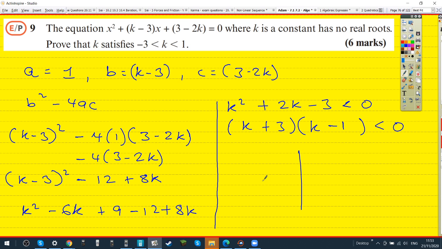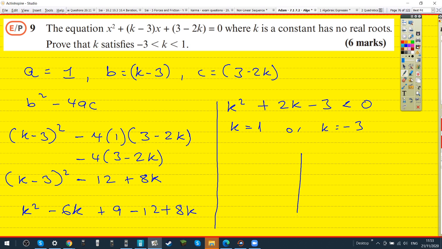How would you sketch the graph? Or no, sorry. We would just solve it, but you solve it as equals. So if you put that in the calculator with equals, what would you get? You'd get x is 1 and x is minus 3.